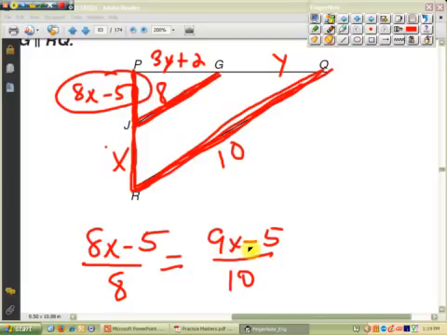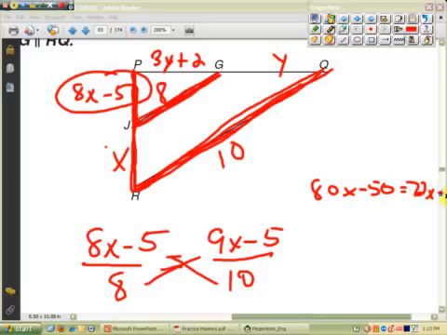There's your two proportions. Now when you cross multiply, you're going to get 80X minus 50 equals 72X minus 5.